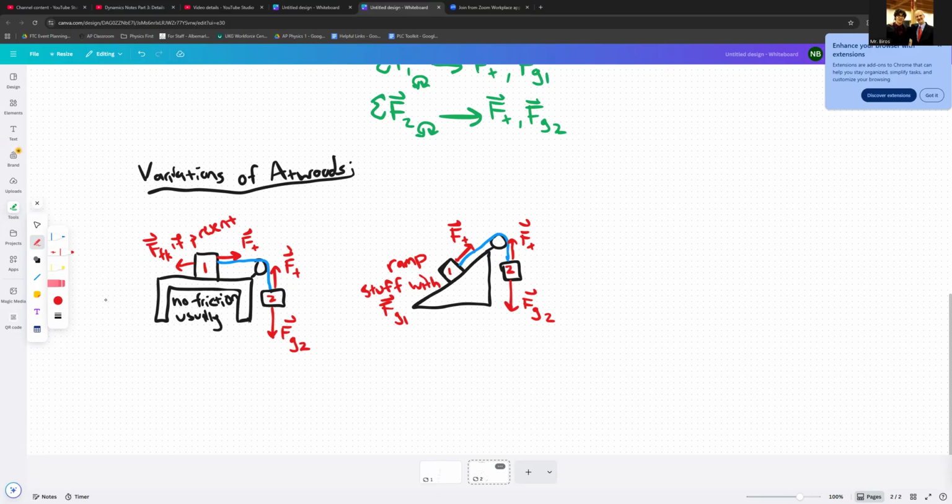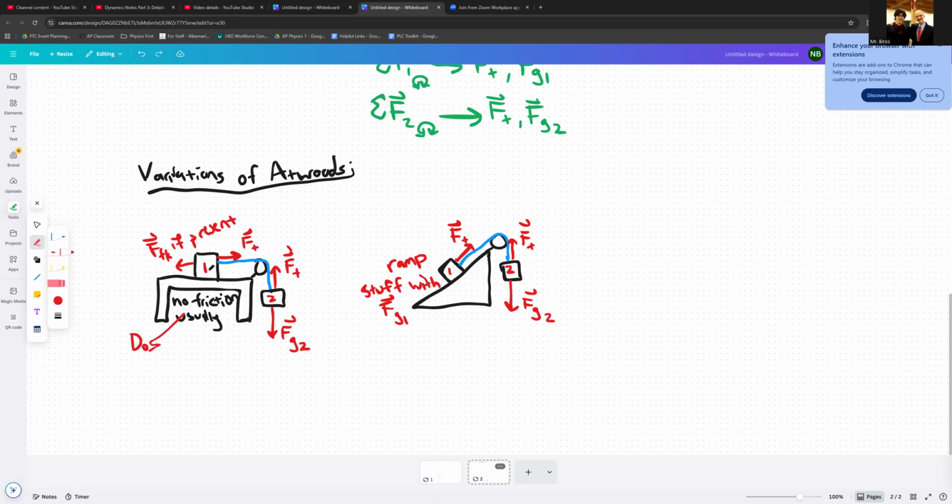It's not like the tabletop one. The ramp one is a little weird because the tabletop we just get to ignore. So we just simply don't use that force of gravity FG1. We're not going to encounter it at all. But with the ramp one, we do use force of gravity FG1, but there's some stuff we have to do with it for the ramp.